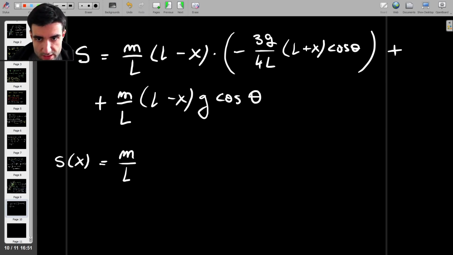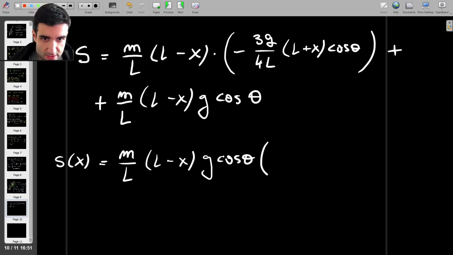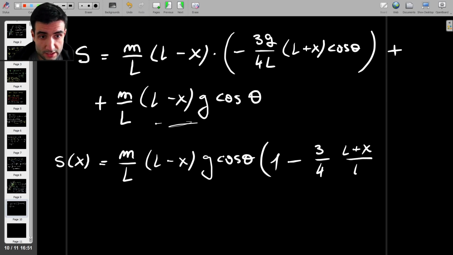So we can factorize M over L, we can factorize an L minus X, a g, and a cosine theta, such that this second term is just going to be 1. And the first term is going to be minus, and we have 3 over 4, and this is L plus X over L. And I think that's it.